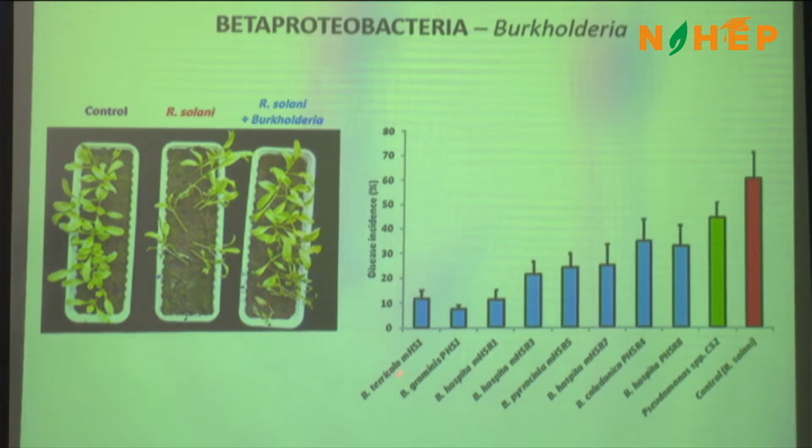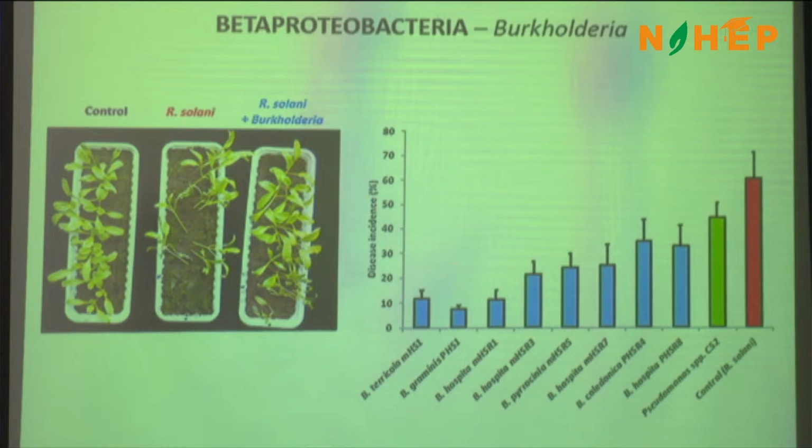Yes. Good. So then, here is a summary of some of the experiments that I did using this system. Here you have the disease incidence, and in the x-axis you have the different strains. It was quite nice because most of the strains were able in vivo to protect plants against the pathogen.